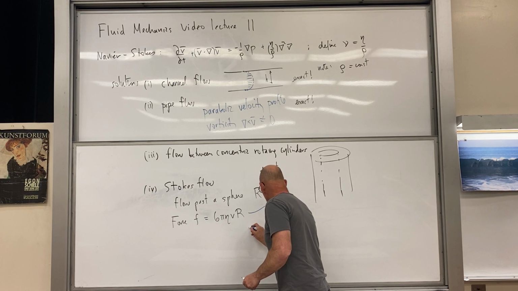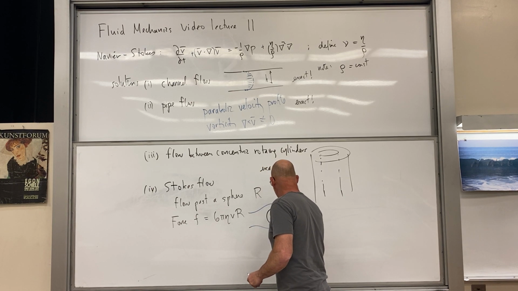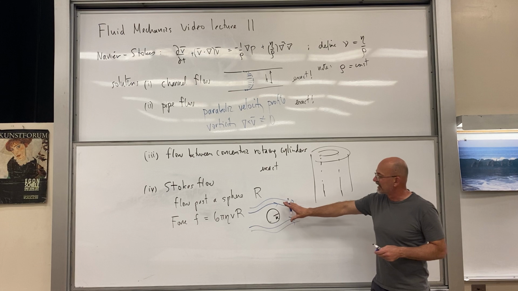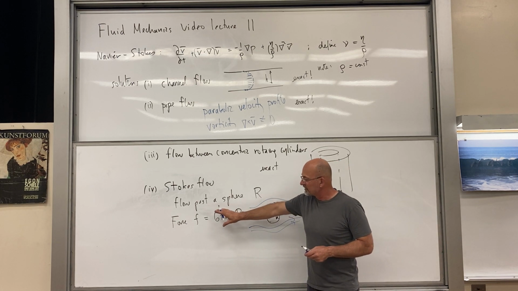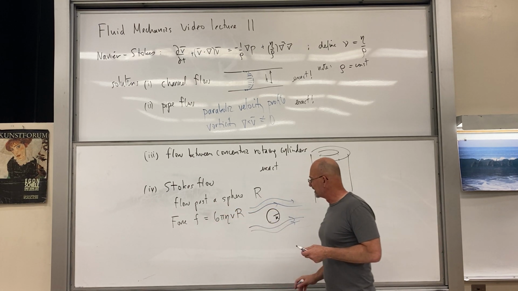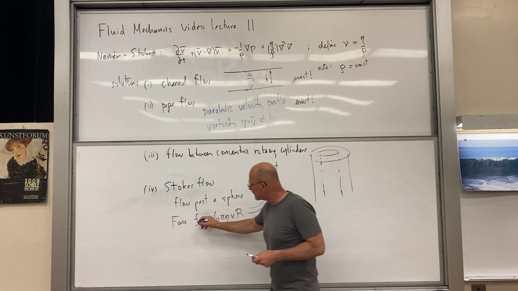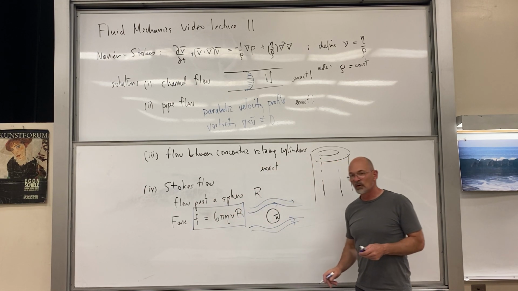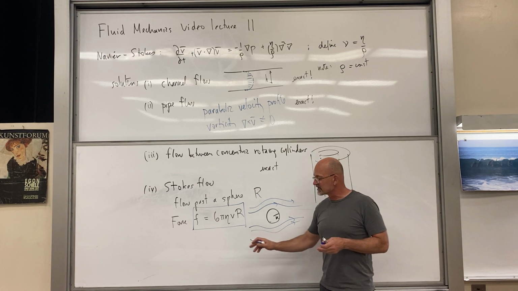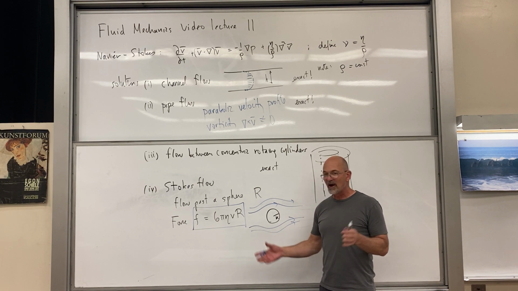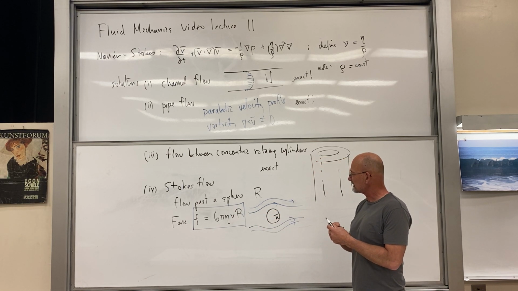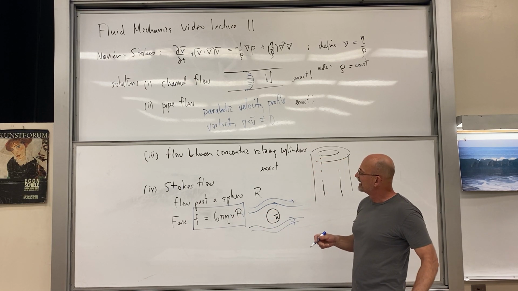Actually, it's a major project, just to have a visual here. It's a major project to get the flow and then get the force, which is another project on it. It's an important one. This is used in the Millikan experiment. It's used in the original Einstein determination of the size of atoms, Brownian motion, that type of thing. Made use of this result. Okay, so it's an important one.